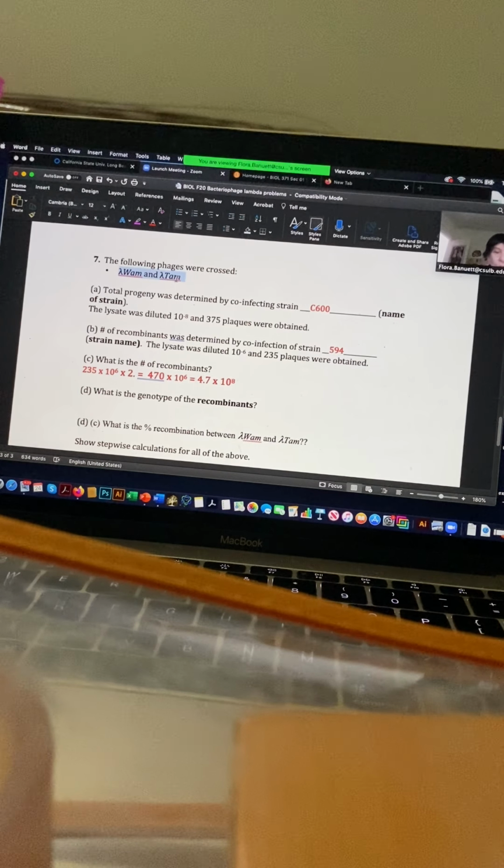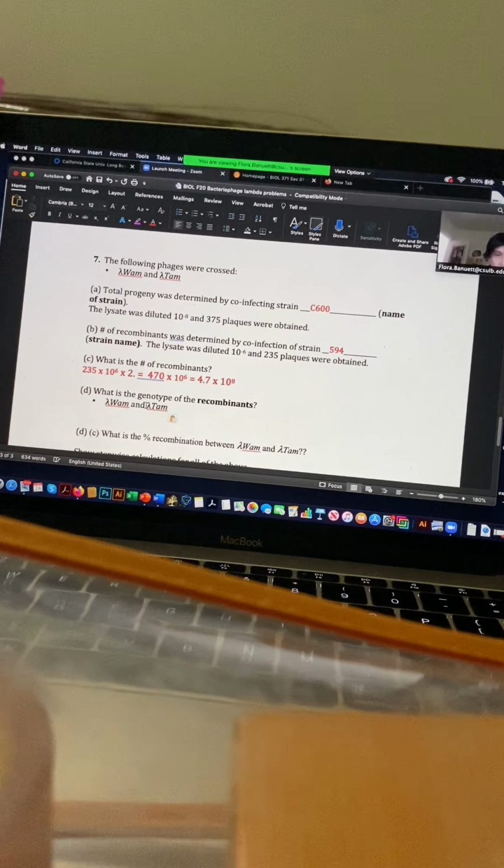So it's the double mutant and lambda W plus T plus. Two recombinants. Okay, I thought I had asked what is the total progeny? Well, it's here from this number.